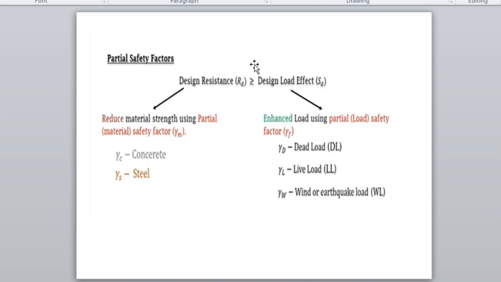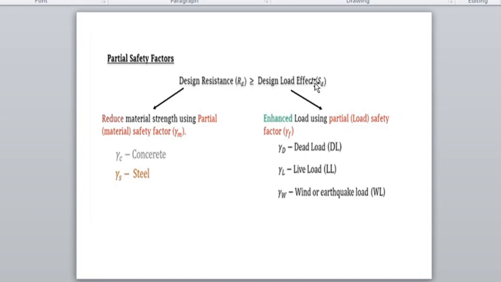So the design resistance which we have obtained while designing should be greater than or equal to the design load, that is, the maximum load that can come on a structure. The design resistance means reducing material strength using a partial safety factor. That is, partial safety factor is used for the material. For concrete it is gamma C, for steel it is gamma S.